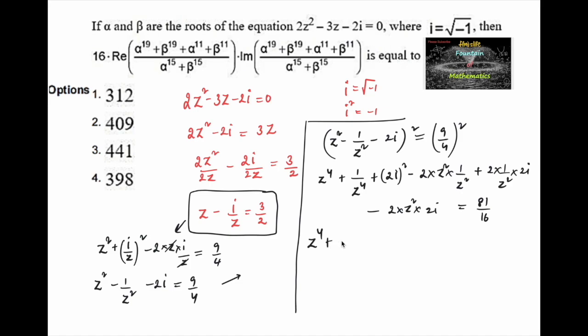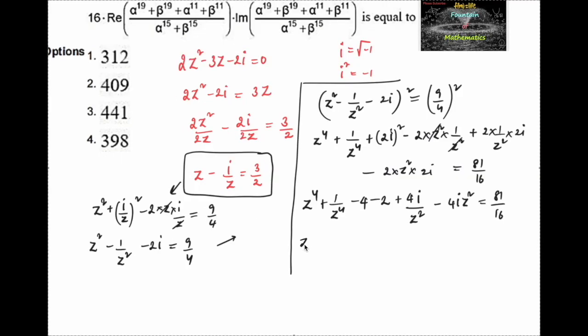So we can add z power 4 plus 1 by z power 4, and i square is minus 1, so 4 minus 4 and minus 2, and here we can write 4i by z square, and again minus 4i z square is equal to 81 by 16.